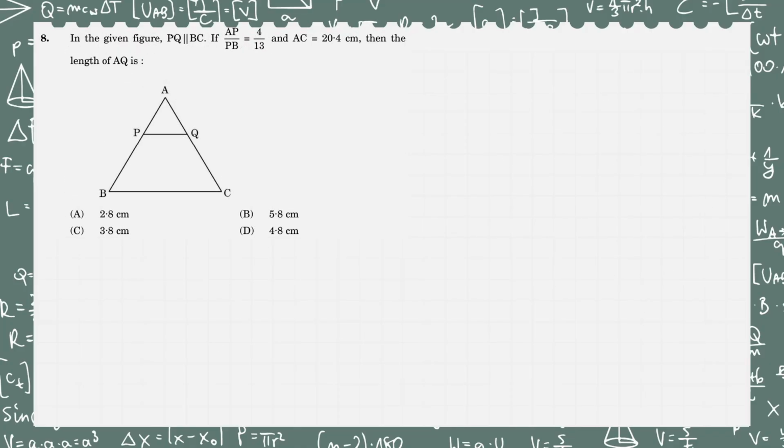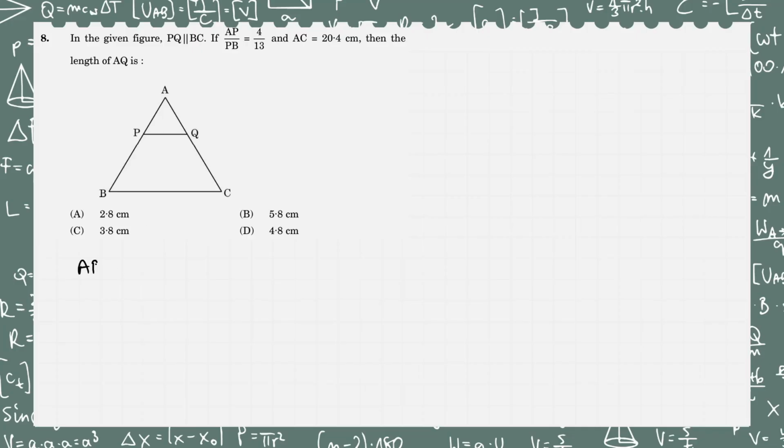In the given figure, PQ is parallel to BC. If AP by PB equals 4 by 13 and AC equals 20.4 centimeters, then the length of AQ is. So we have to apply the concept of the basic proportionality theorem here.